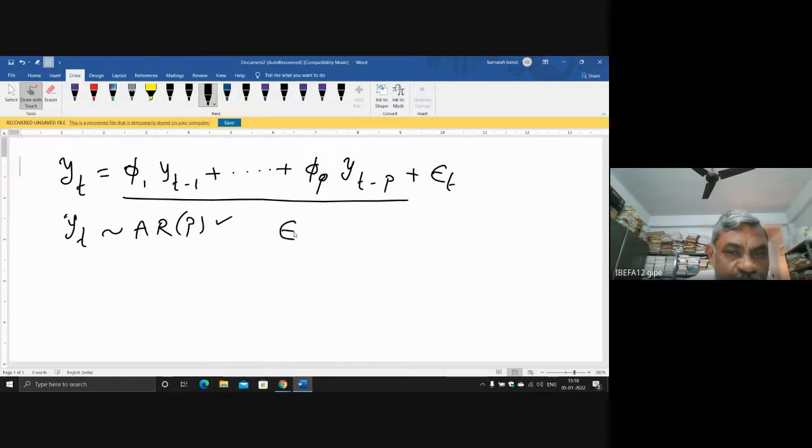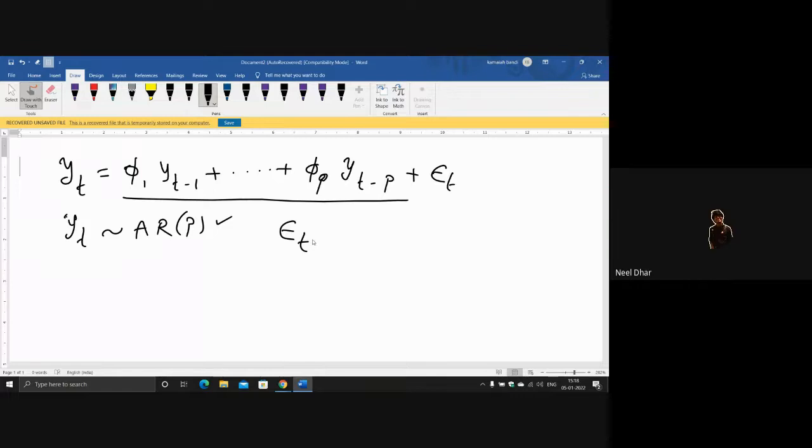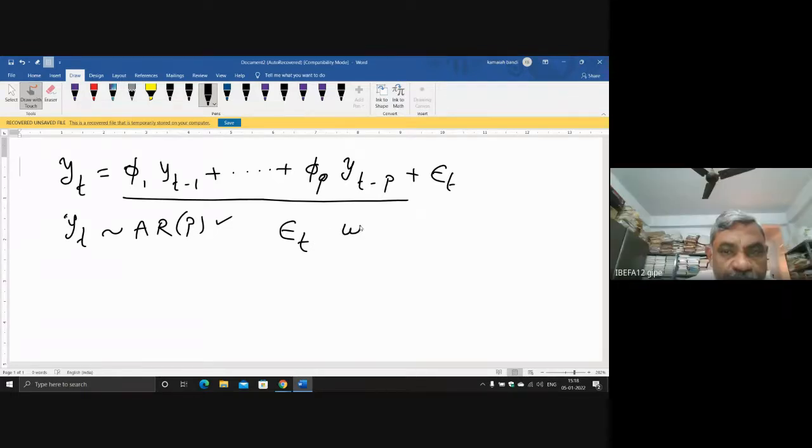And what was the assumption that is generally made about epsilon? That it is white noise. Sometimes additionally it can also follow the Gaussian process, that is normal process. Whatever it is, it is white noise with variance sigma square.